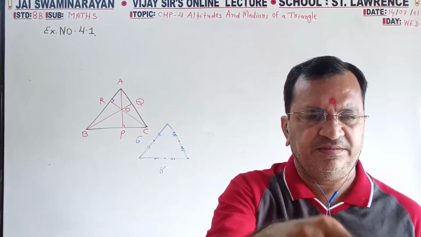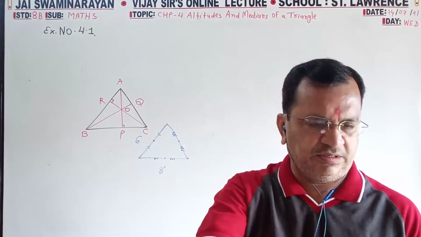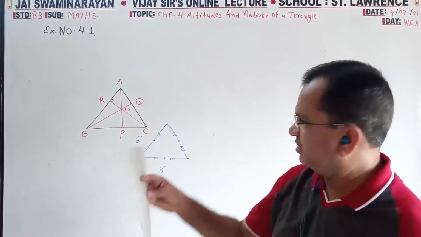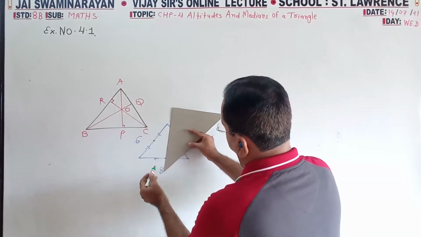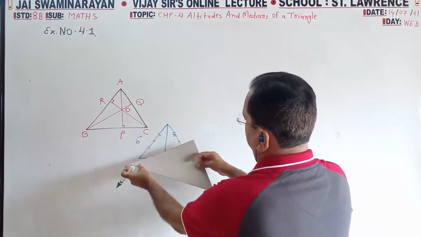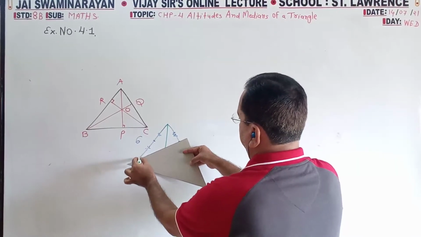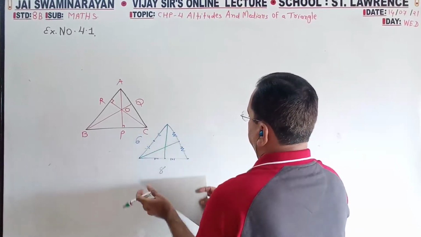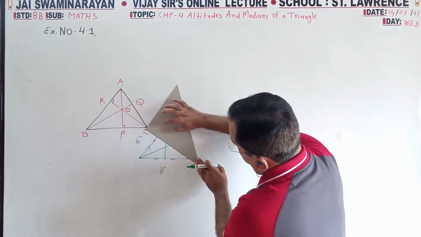Then let's see, is green visible or not. Then join vertex and midpoint. Then vertex and midpoint joint. Then vertex and midpoint joint.